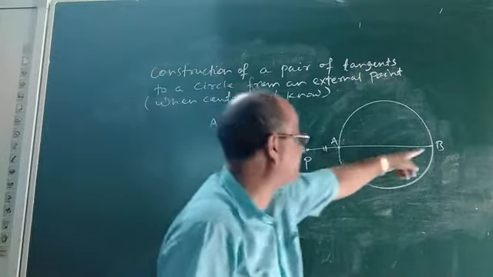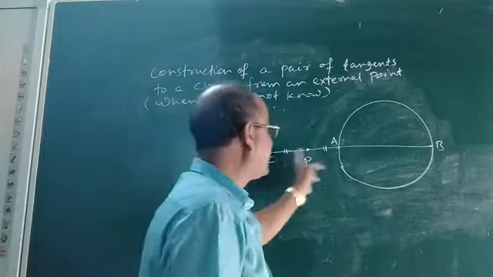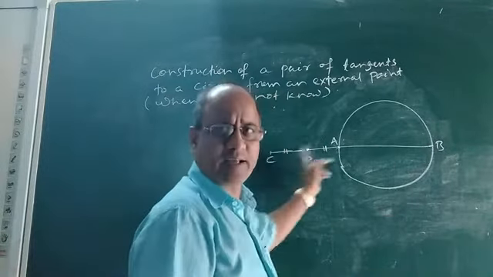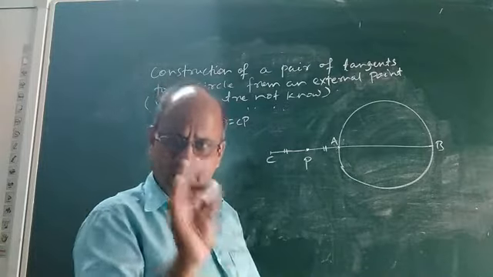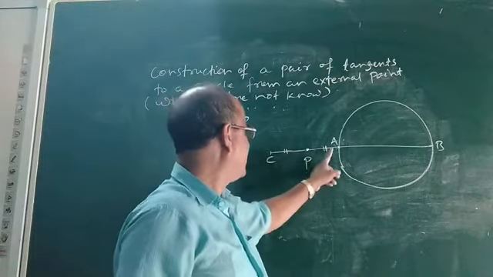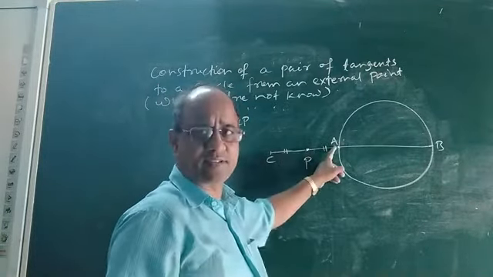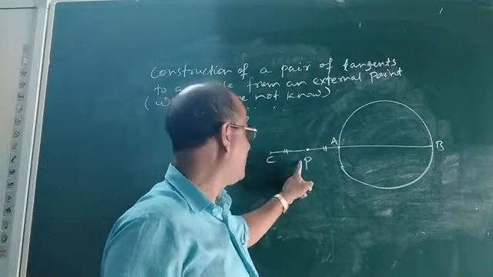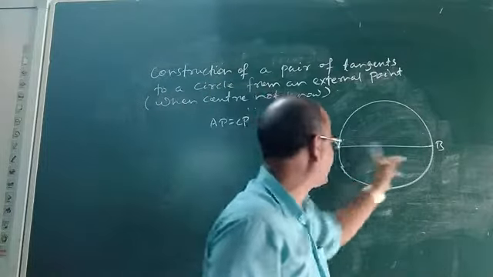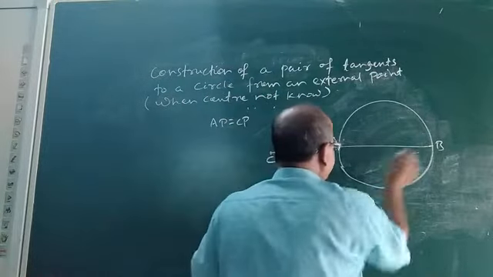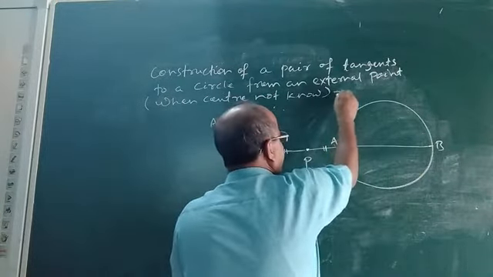Now, the next step is, take CB as the diameter. Taking CB as the diameter, we have to draw a semicircle. After extending AP up to C such that AP equals CP, the next step is you have to bisect the line segment CB.